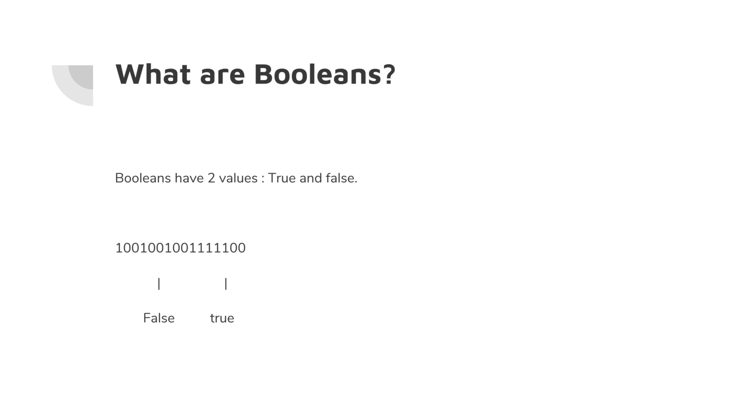So, what are Booleans? Booleans have two values, true and false. Or 1 and 0 as you saw in that binary episode. So, 0 is false and 1 is true. If you're talking about light bulbs, 1 would be on and 0 or false would be off. 1 would be the truth and 0 would be a lie.